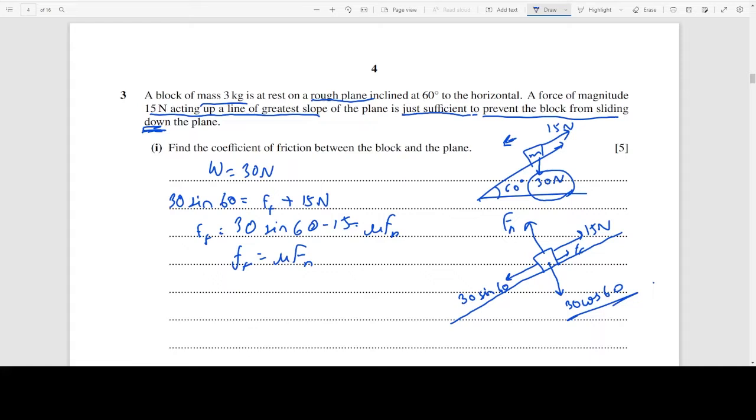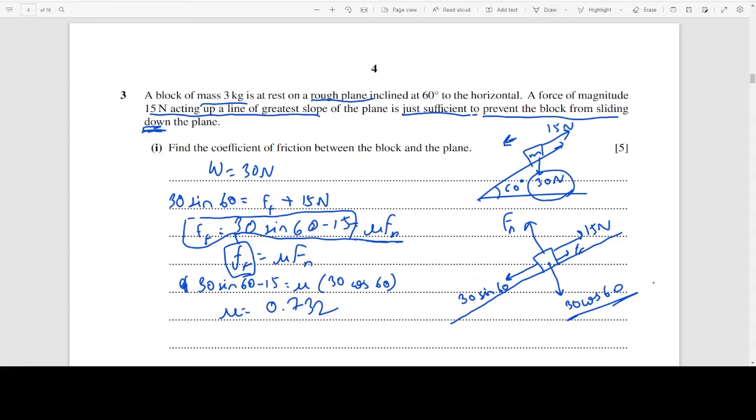When the vertical forces are balanced, Fn is equal to 30 cos 60. So we have 30 sine 60 minus 15 is equal to mu naught into 30 cos 60. If you solve for mu, let's see, we'll get 0.732.